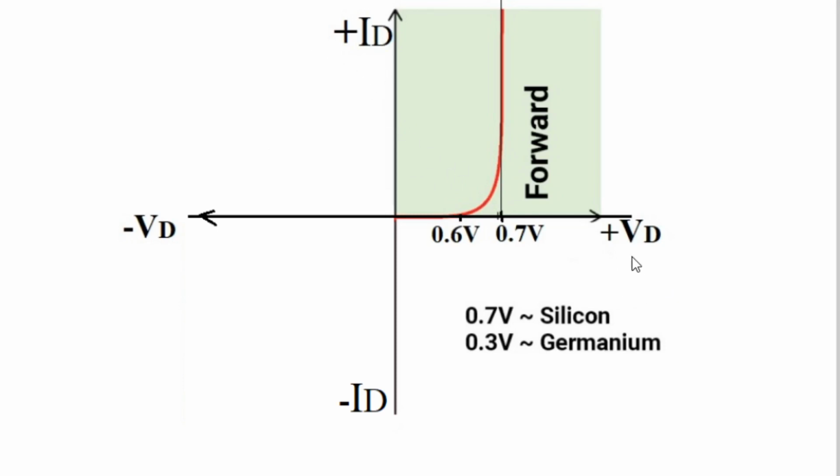So Id and Vd: the current flowing through the diode is taken on the y-axis, and the voltage across the diode is taken on the x-axis. Here we are not plotting the graph of voltage applied to the diode, that is VR, against current; we are plotting the voltage across the diode and the current flowing through the diode. So look at the diagram very carefully. The graph is in the first quadrant because the applied voltage is positive and the current is also positive.